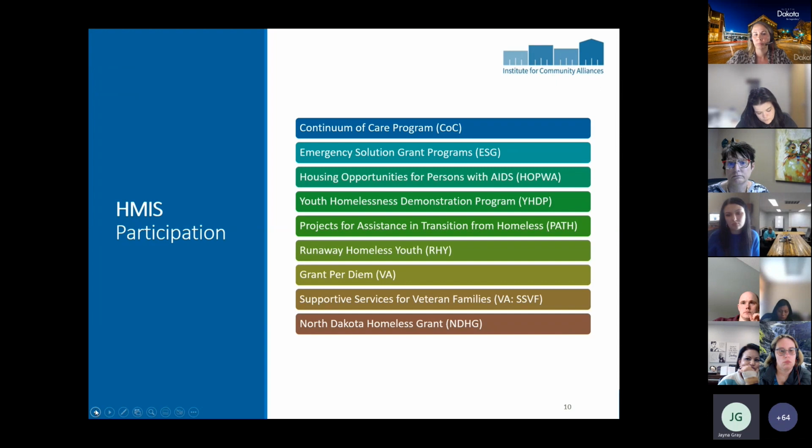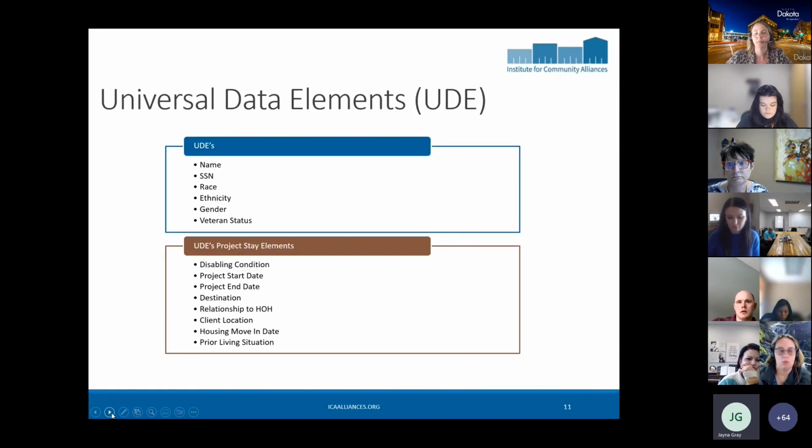The UDEs on this slide are required for any project that is entering data into HMIS. UDE, what's that? The universal data elements. The universal data elements are the name, social security number, race, ethnicity, gender, and veteran status. That has to be recorded by any federal project. That is required by HUD.